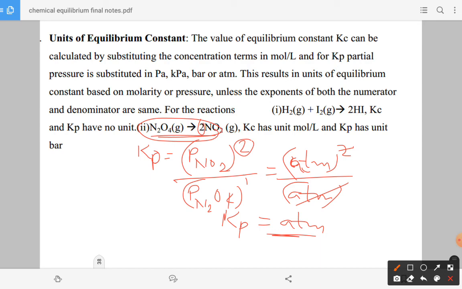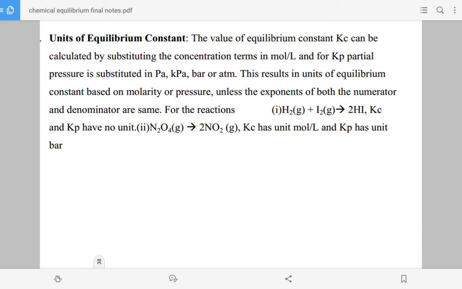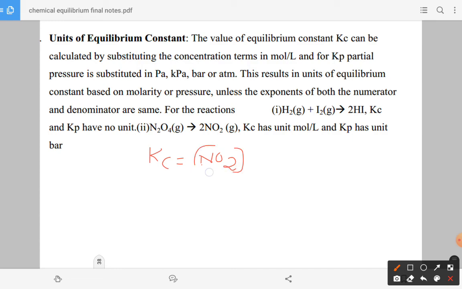What I want to convey is that the units depend on the balanced chemical equation. For the same reaction, if you want to write Kc, the expression is Kc equal to the molar concentration of NO2 raised to 2, divided by the molar concentration of N2O4.